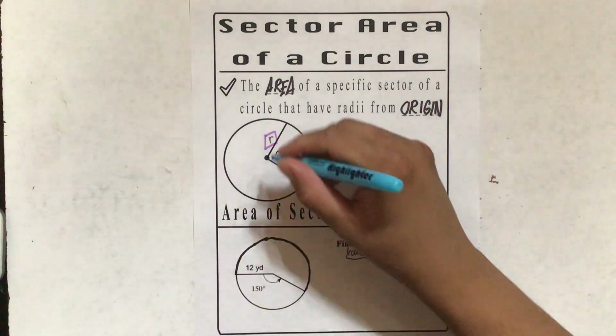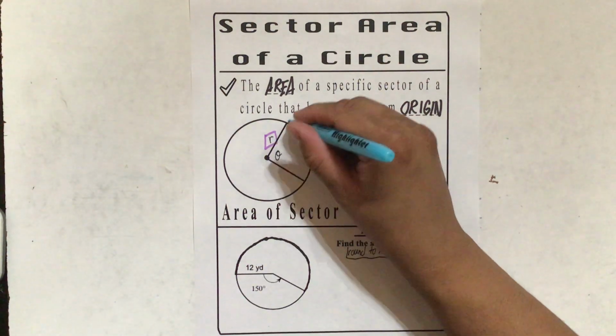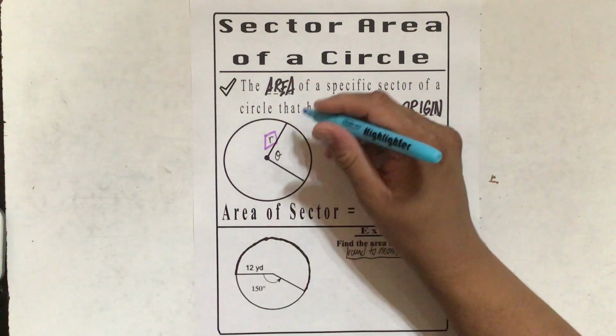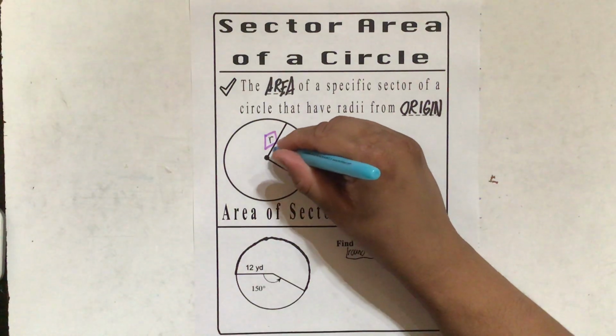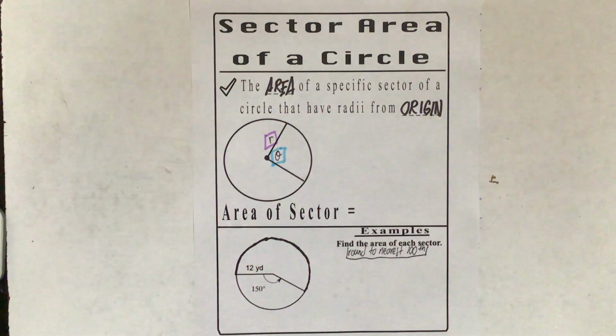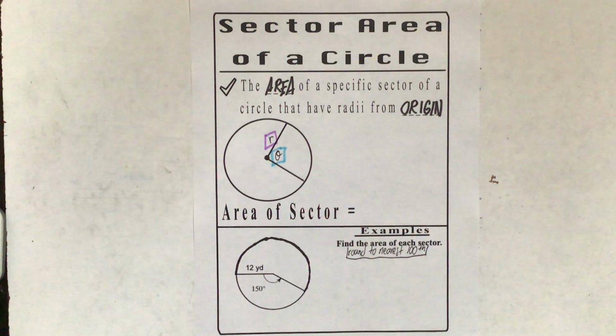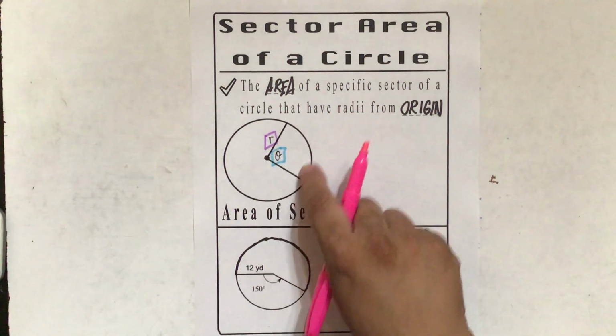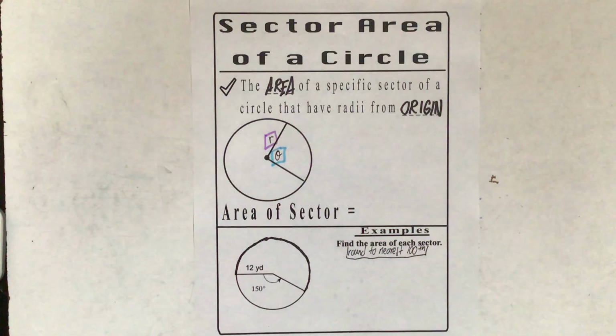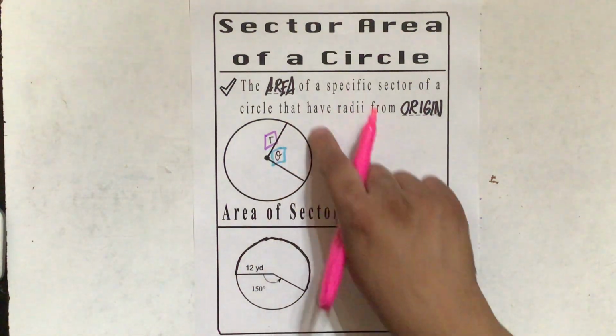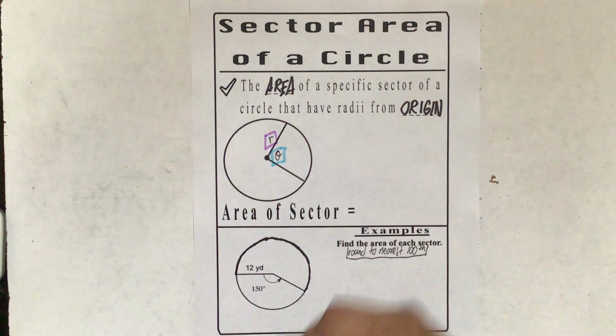And then the theta, which was the degrees, how big of a slice of pizza this is, was in blue. So now we're going to find the area of this little slice of pizza.